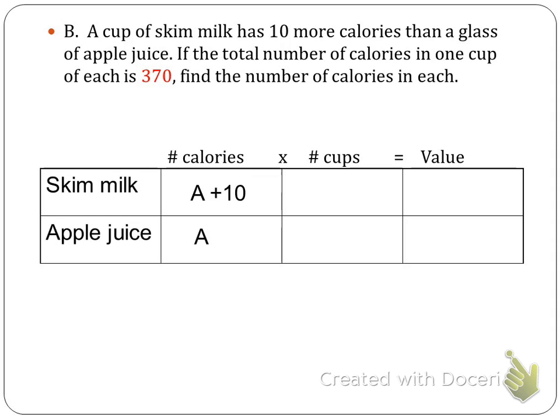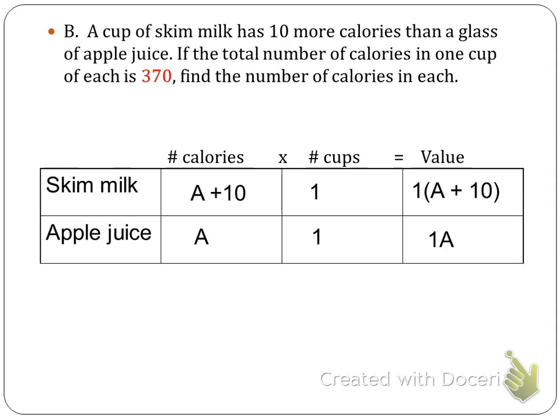And to find the total calories, it's going to be calories times the number of cups. That would give me the total calories. But how many cups of each do we have? 1. Just 1. So that's going to be 1 and 1. So for total calories, it's just 1 times those quantities. Honestly, if you just wanted to write A plus 10, because A plus 10 times 1 is still A plus 10, that's fine.